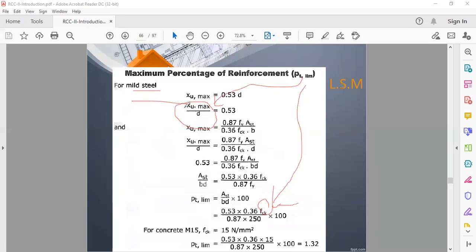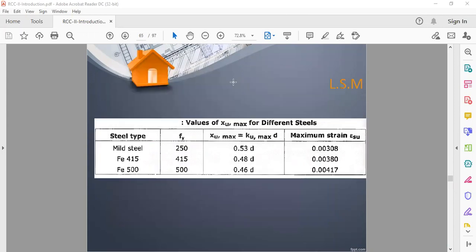But if you change this Xu max by D ratio, which is 0.53, 0.48, and 0.46 for 250, 415, and 500, with the help of these values you can go on calculating this percentage of steel.